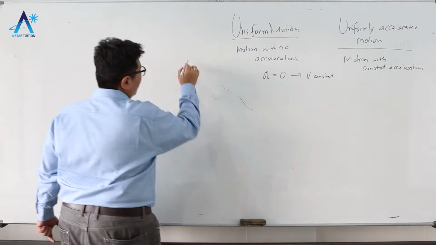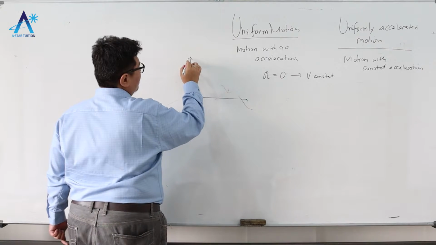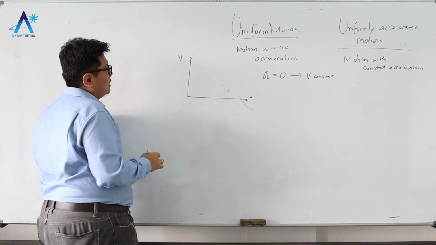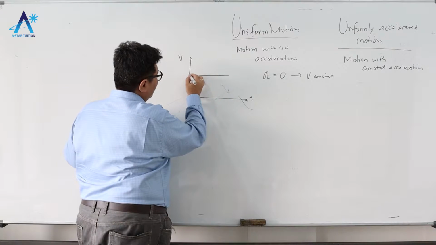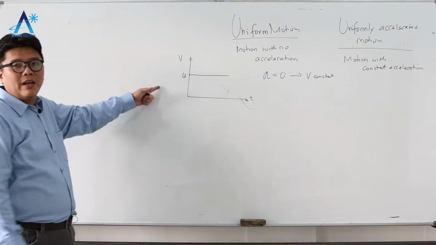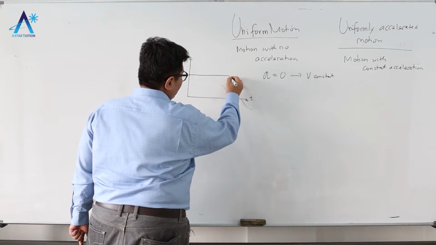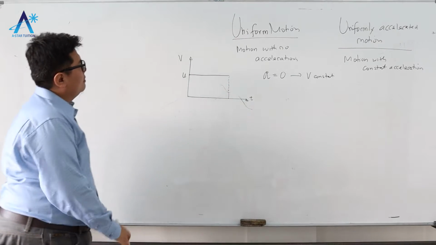Now we can actually draw the velocity function time graph as this. Now you see that the value of velocity doesn't change. It starts with a certain value, let's say u. u is the initial value. And then as time goes by, the value doesn't change. It remains the same all the time.